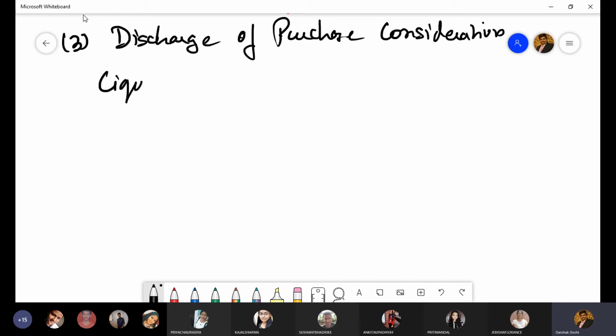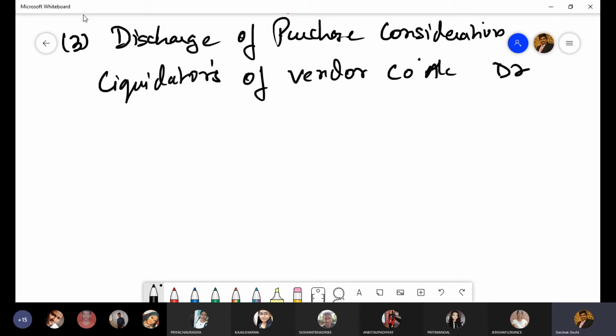So on the debit side you have liquidators of vendor company account debit. Equity shares of the purchasing company are given by purchasing company to vendor company.